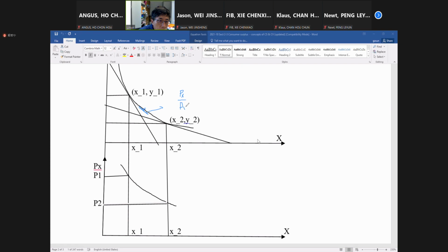This must be the same as the marginal rate of substitution at this point. So this is another condition for the Hicksian demand.